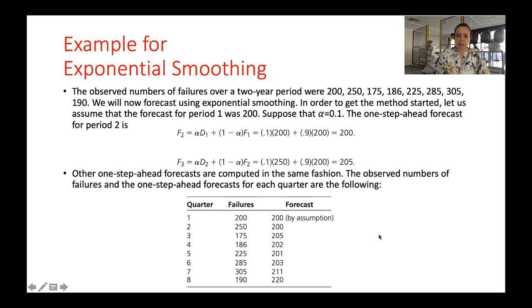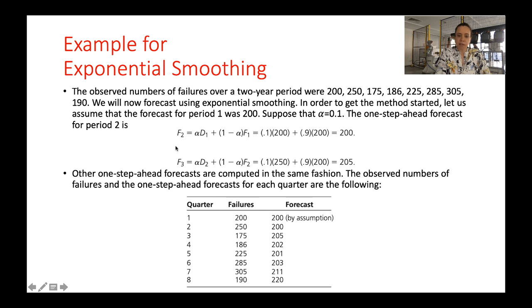In this method, we use our last observation and also our last forecast. When we are at quarter 1, we don't have any last forecast. For that reason, we assume that our last forecast is the same as our last observation. I mean, it is 200 for this example.